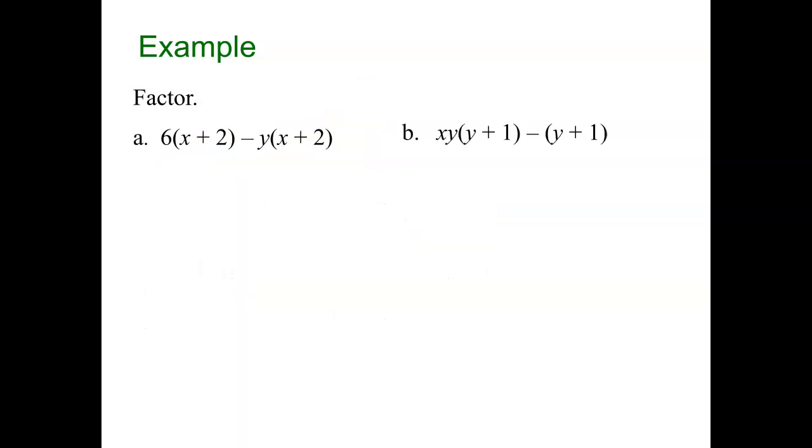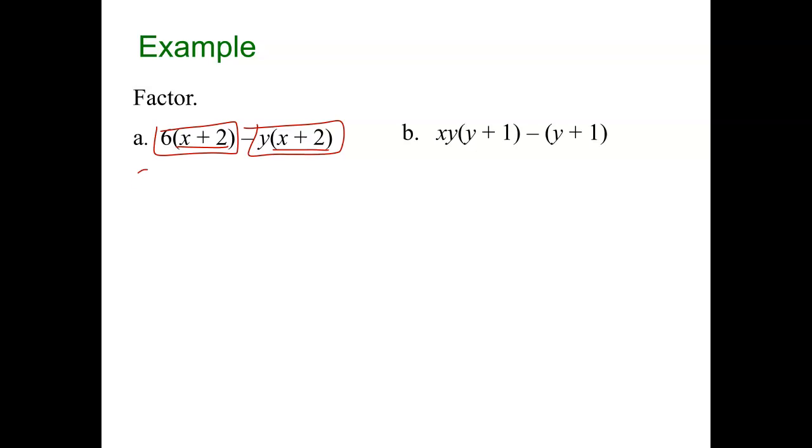Now, your GCF does not have to be a monomial. Your GCF can be a binomial. This is something that will actually be forced to happen on some of the problems, but we're going to give it to you now. I have 2 terms here, both of them being multiplied with a factor of x plus 2. I have 6 times x plus 2, and I have y times x plus 2.